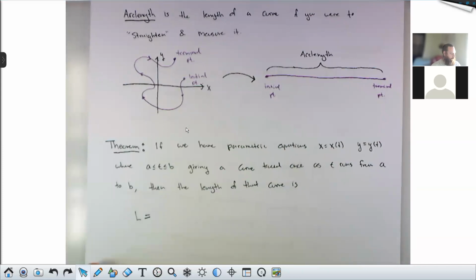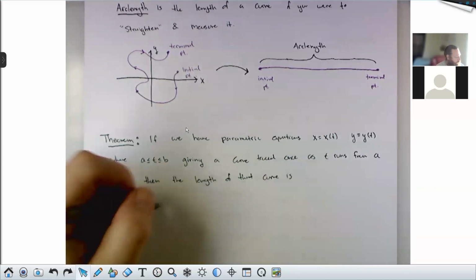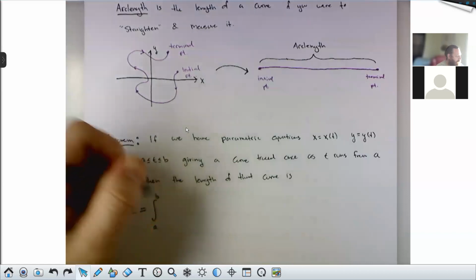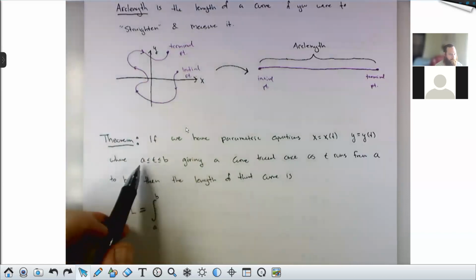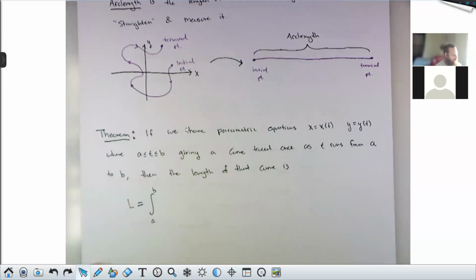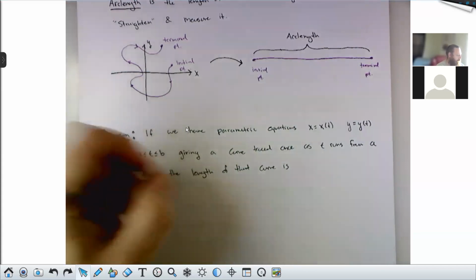Most places in the world use a lowercase s for arc length, but for whatever reason your textbook uses L, so to be consistent with their notation, I'll use L, is the integral from a to b, which are t values, remember, so sometimes it's nice to write t equals a to t equals b. I won't do it here, I don't want to clutter it, of the following kind of weird looking thing.